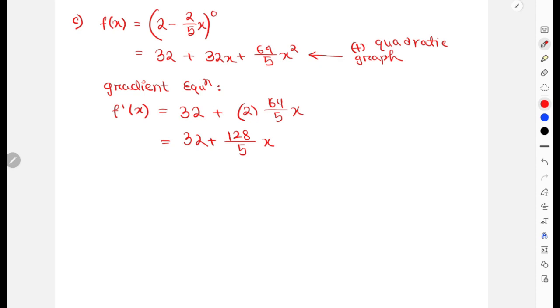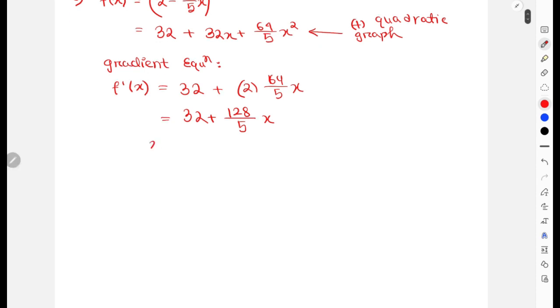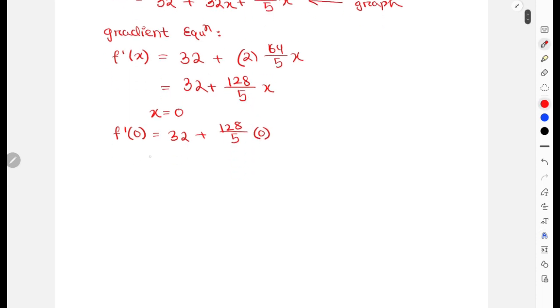Now it was already stated we want to find the gradient of the curve when the value for x was 0. So we can input the value x equals 0. So f prime 0 turns out to be 32 plus 128 divided by 5, and there was only one x beside that 128 by 5 fraction. This entire fraction now becomes 0 at the end. Gradient turns out to be 32. So the gradient for that binomial expansion expression when the value for x was 0 is 32, right?